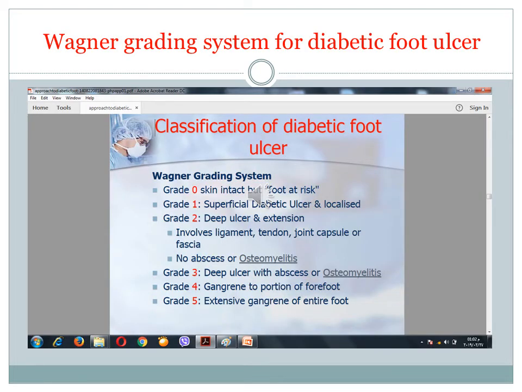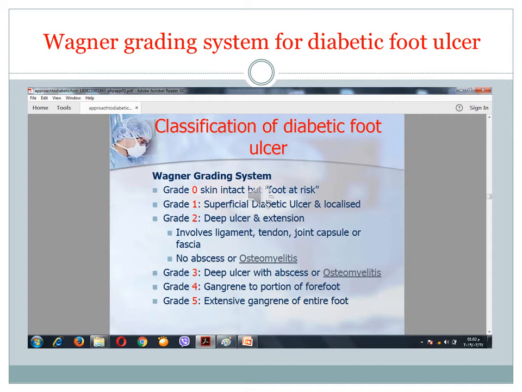A very important classification is the Wagner grading system for diabetic foot ulcer. This classification is according to the skin involvement and underlying involvement of the ulcer. Grade 0, skin intact but foot at risk. Grade 1, superficial diabetic ulcer, a localized ulcer.